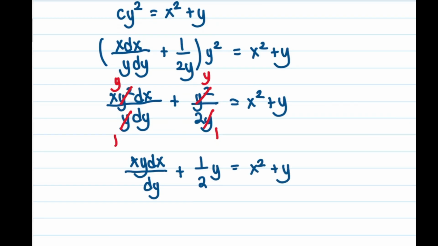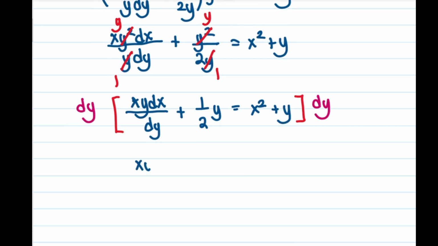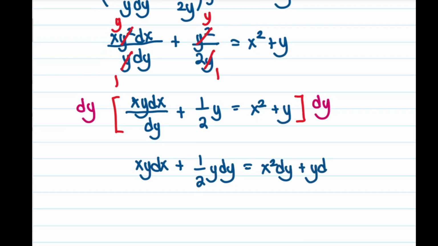We can multiply both sides by dy only, to eliminate dy. So let's multiply both sides by dy. That one will have this equation: xy dx plus 1 half y dy equivalent to x squared dy plus y dy.